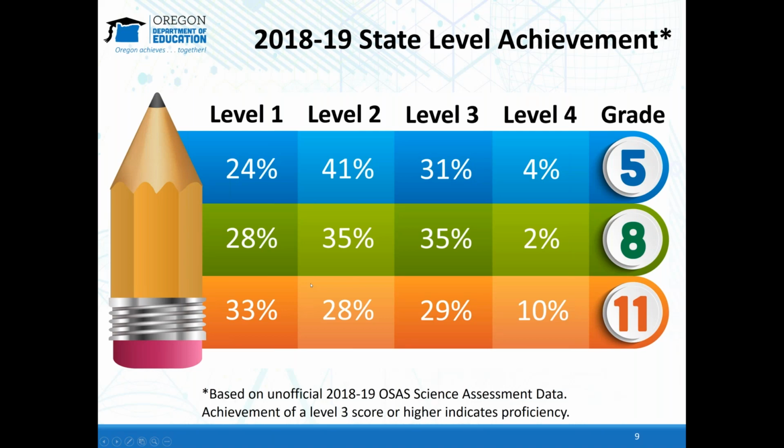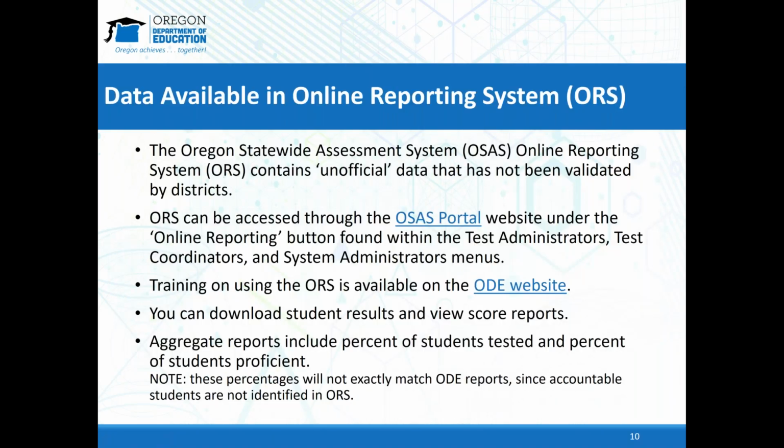Now I'm going to hand things over to Cindy Barrick from our accountability team. The OSAS Online Reporting System, or ORS, contains unofficial data, unofficial because it has not been validated by districts. You can navigate to the OSAS portal with the link in the second bullet of this slide.